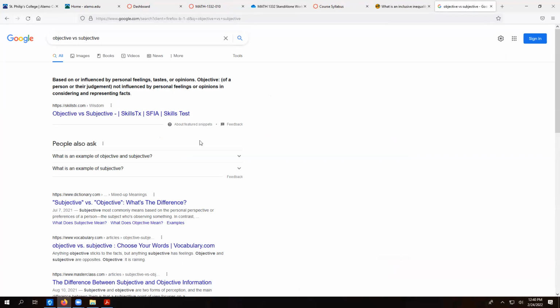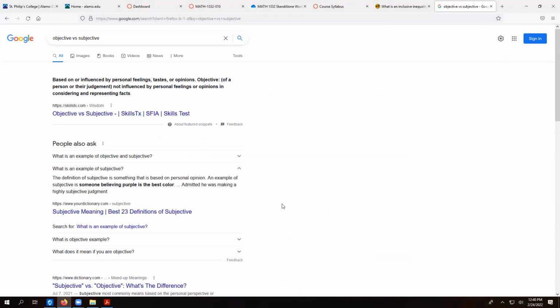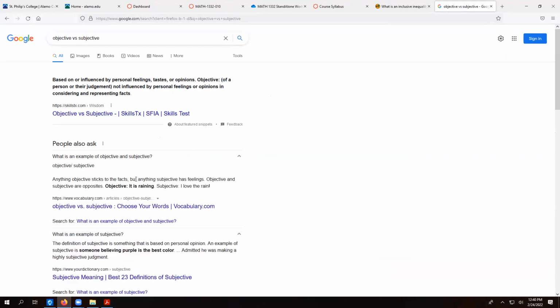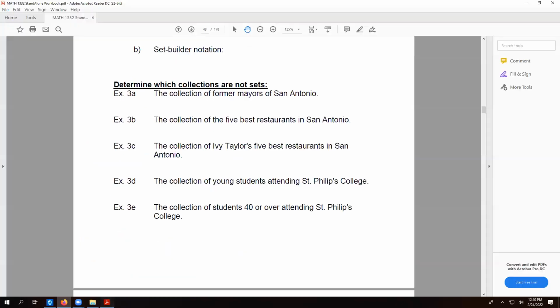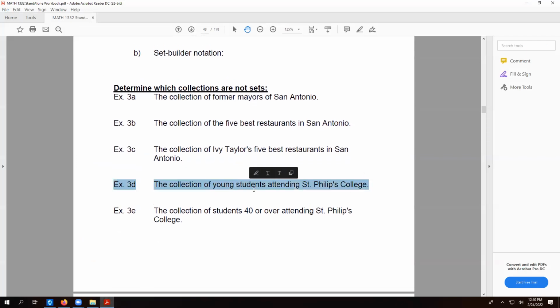So subjective is based on an opinion, where objective is based on fact. So we go back to that question. This is not objective, right? This one is, because you can't argue 40. It's a fact.